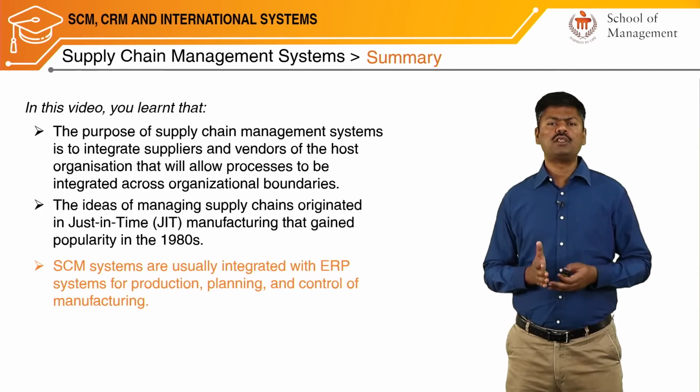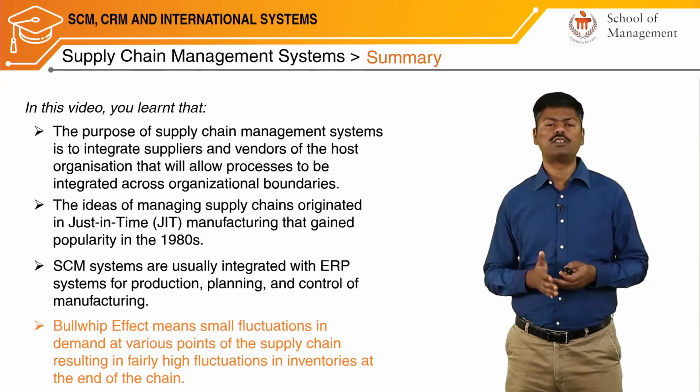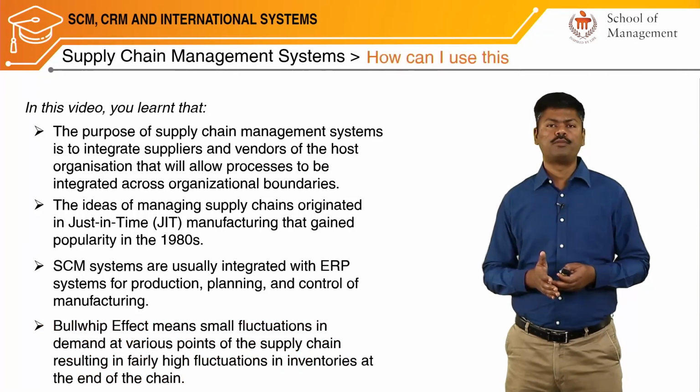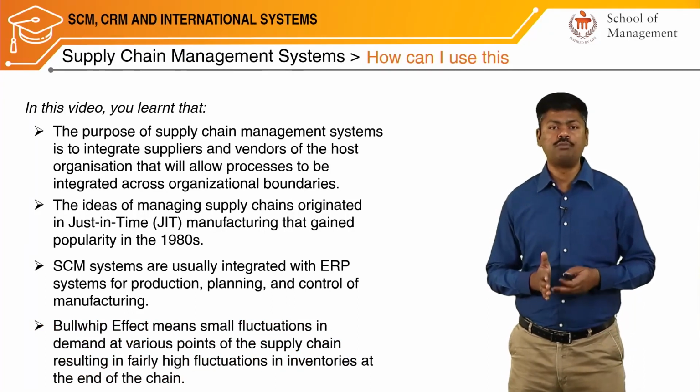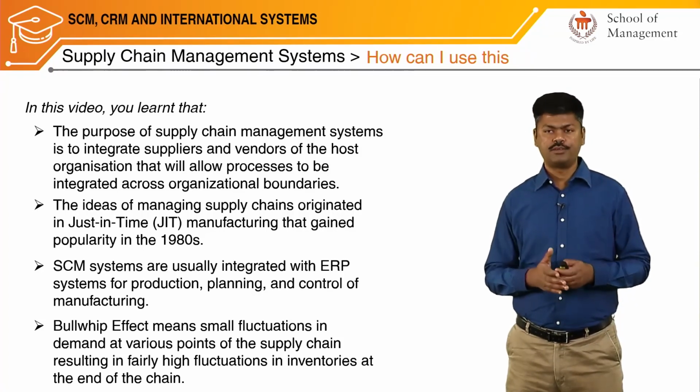Supply chain management systems are usually integrated with ERP systems for production, planning, and control of manufacturing. And the bullwhip effect means small fluctuations in demand at various points of the supply chain resulting in a fairly high fluctuation in inventories at the end of the chain. In this video, you understood the importance of process flows in the supply chain of an organization.